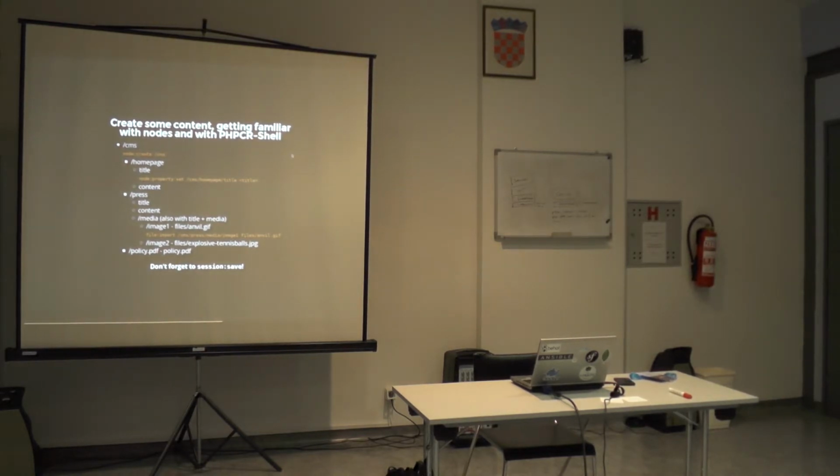And by default, all nodes you create will get the node type nt:unstructured, which just means do whatever you want with it, so there's no restrictions. If you want to provide a type, which we will do later, you can add it as an argument after the path when creating a node.